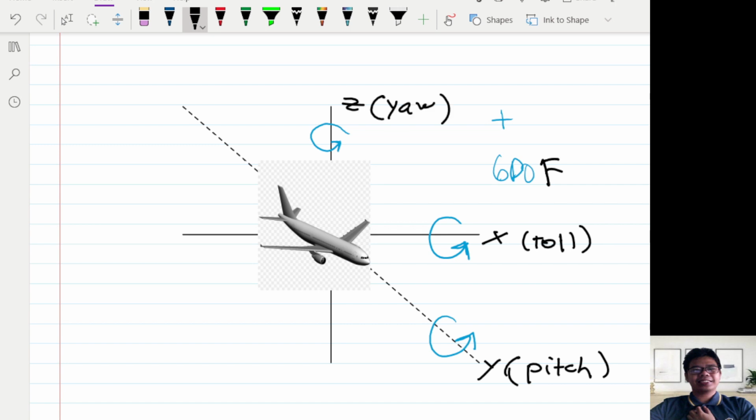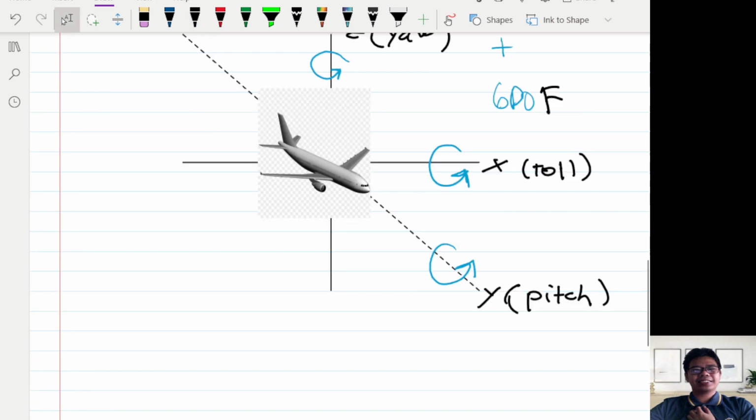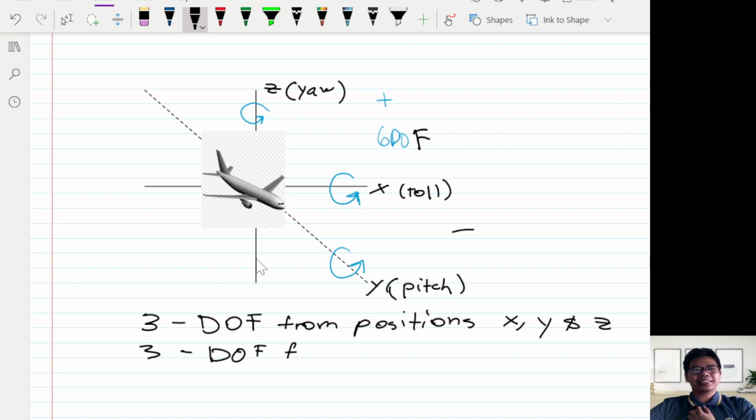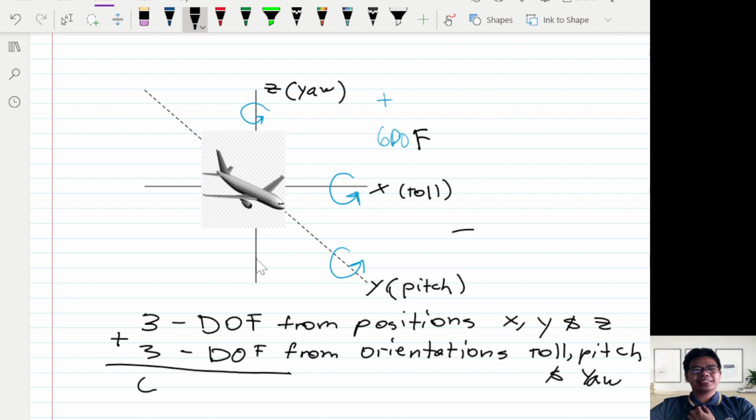So we have 3 degrees of freedom for the position. Then we have 3 degrees of freedom from orientation. So a total of 6 degrees of freedom. Okay?